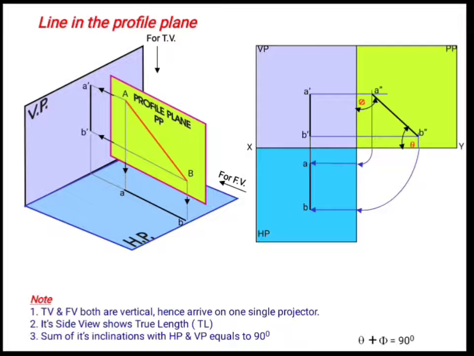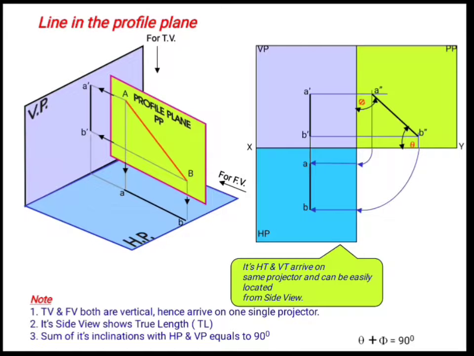Now I am going to extend the line A double dash B double dash to get it intersected on the XY line. Now I get this intersecting point, and that will be the H double dash, which is the side view of the horizontal trace.